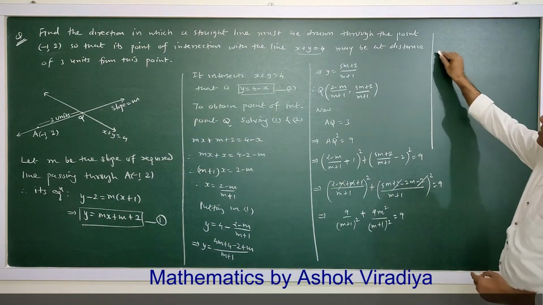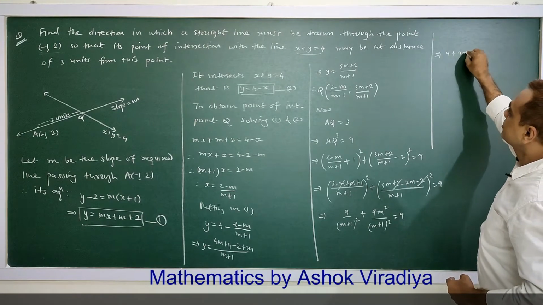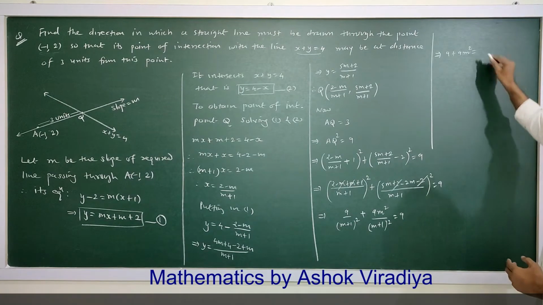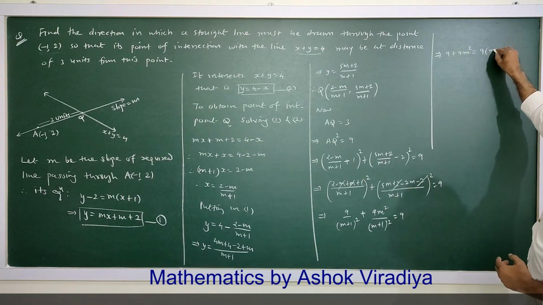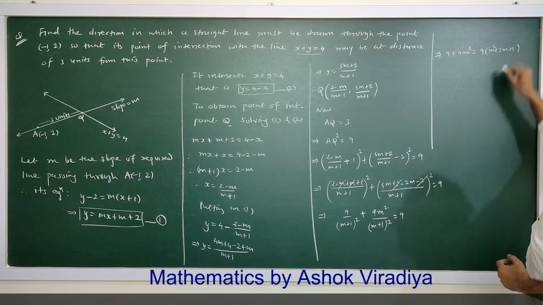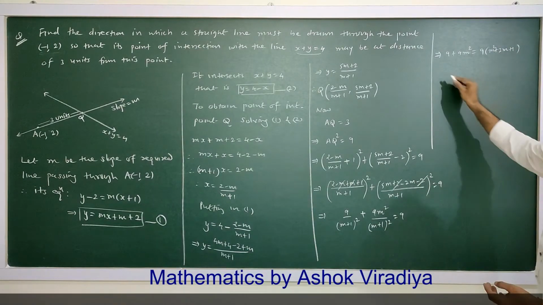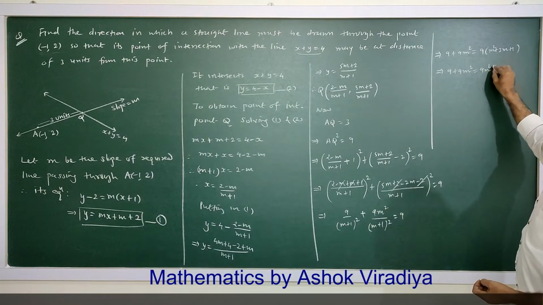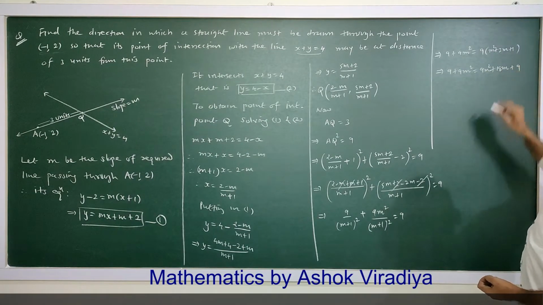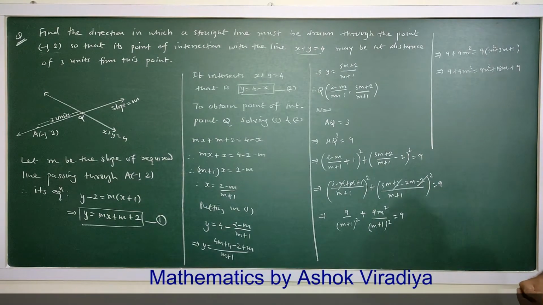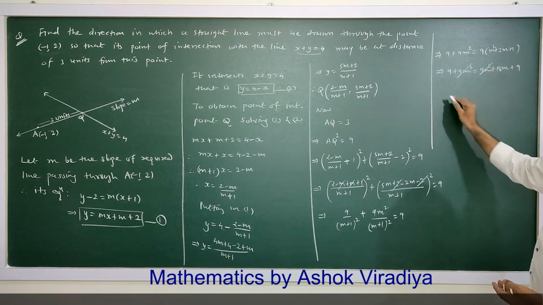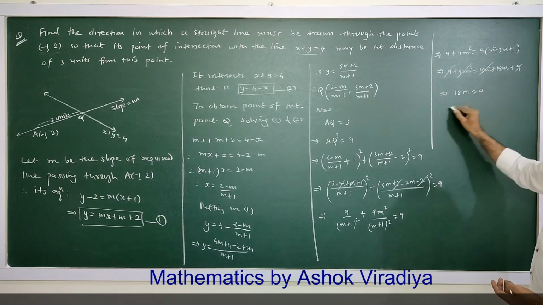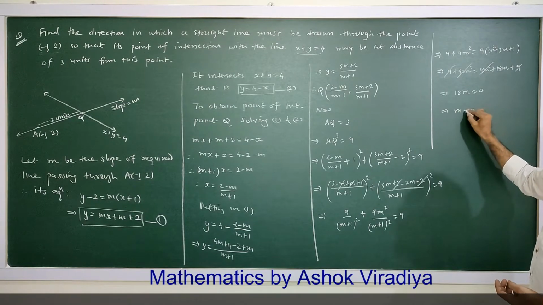Now simplifying, 9 plus 9m square is multiplied with 9 equal to 9 into (m square plus 2m plus 1). So 9 plus 9m square equals 9m square plus 18m plus 9. The 9m square cancels and the 9 also cancels. So 18m is 0, so m is 0.